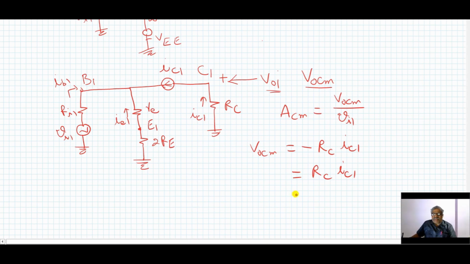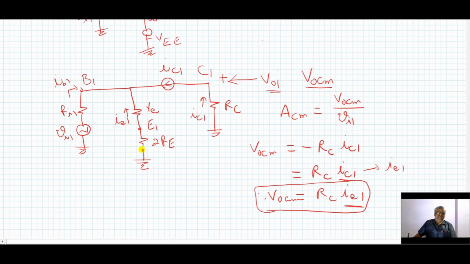But as per our earlier assumptions, this IC1 is almost equal to IE1. Therefore, this is equal to RC into IE1. So our common mode output will be equal to RC into IE1. So it is required to find the expression for IE1, where we have IE1 in this loop. So write KVL for this loop.